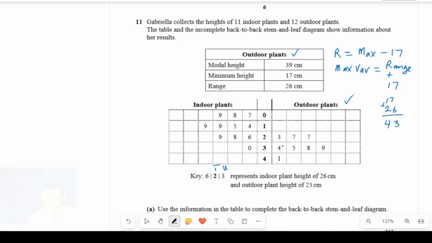Okay, so from here let's predict. So for the outdoor, this is 41, and what is the maximum value? So we can put here 43.